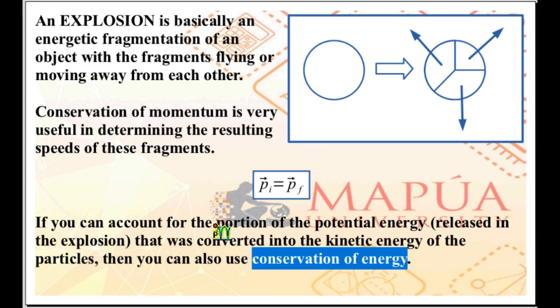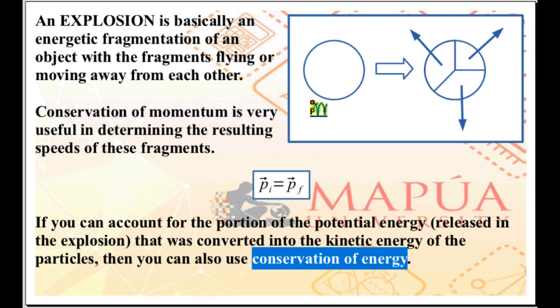If you can account for that portion, you can easily use conservation of energy to determine the speeds of the fragments, to analyze the system and determine the resulting speeds of the objects.